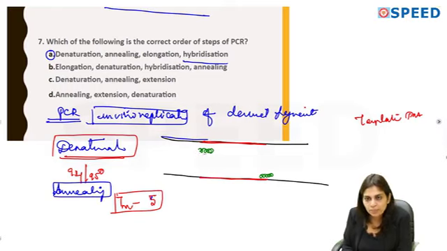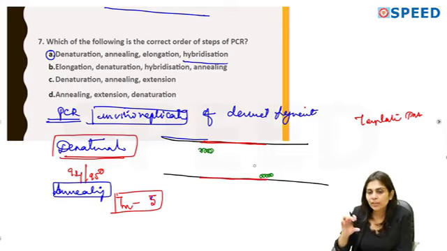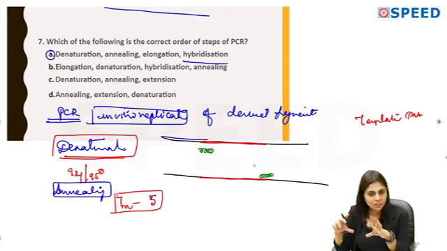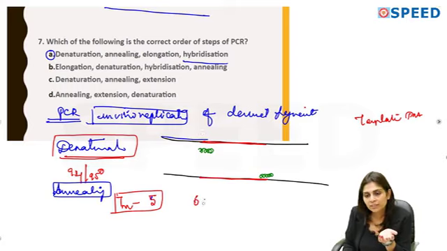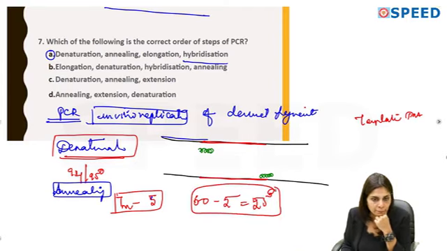When the manufacturer provides you the primer in a small vial, they will give you a data sheet for the primer, and that data sheet will include the melting temperature of those primers. Suppose the melting temperature of your primers is specified by the manufacturer as 60 degrees. What will be the annealing temperature that you choose? 60 minus 5 will be 55 degrees, just for an example.